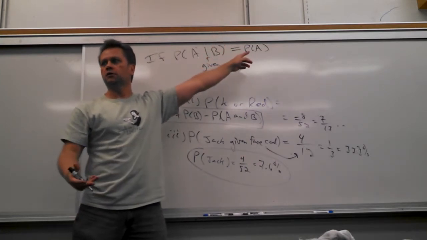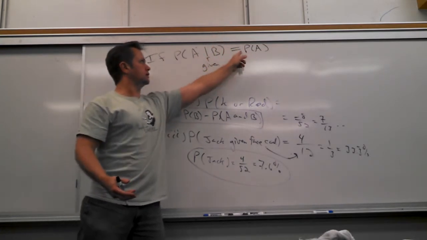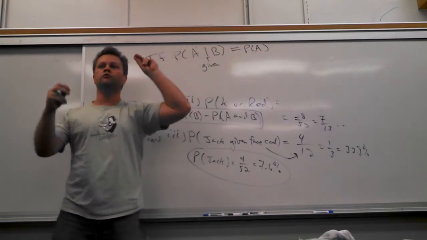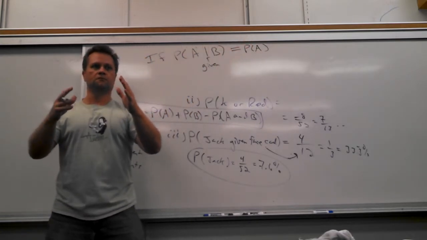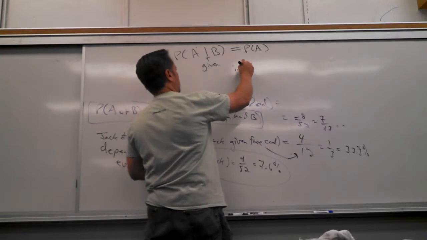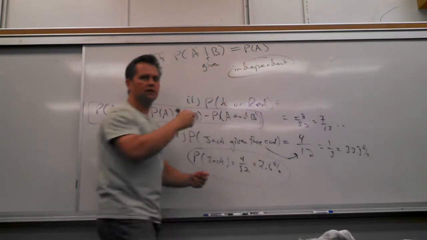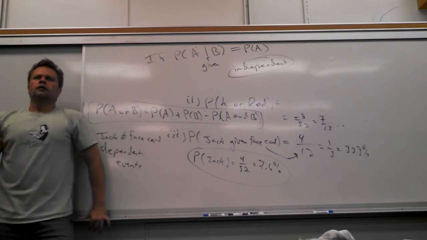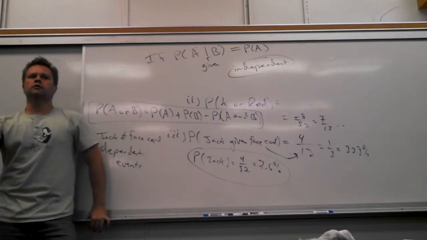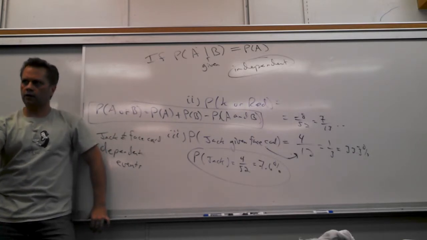Did A change? No. A given B is the same as what A used to be. Those would be independent. Does that make sense? One happens and the other one doesn't care. I would call those independent from each other.